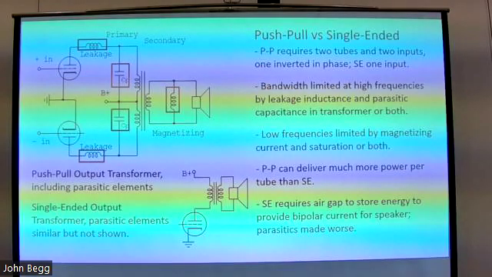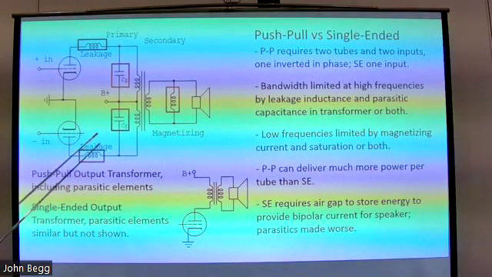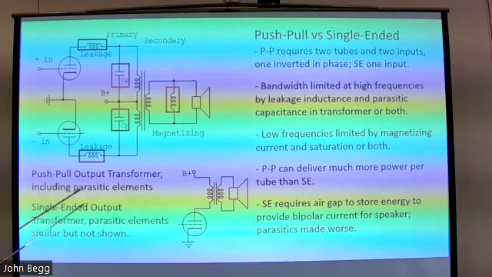Yeah, the capacitive is the winding capacitance in the transformer. And it's a distributed capacitance. It's not lumped. But it's not in the tube. I'm sorry, it's not in the tube. No, it has nothing to do with the tube. The tube has additional capacitance, but this is worse because it's distributed.